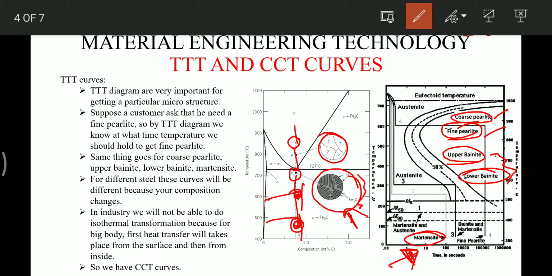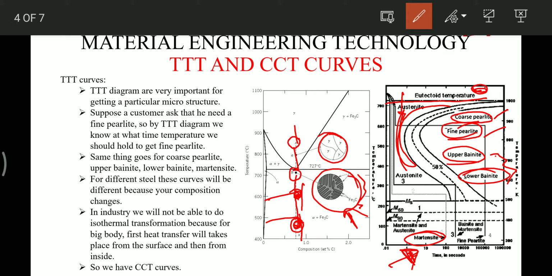Another thing is, the martensite does not require time for transformation. It is transformed immediately. This region above 723 degrees Celsius is the stable form of gamma, but as it crosses this temperature, this region represents the unstable form of gamma. This is martensite.